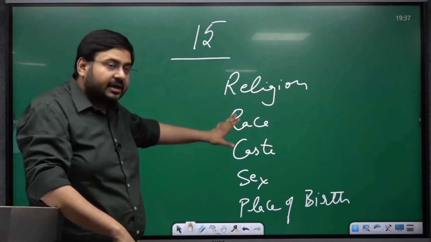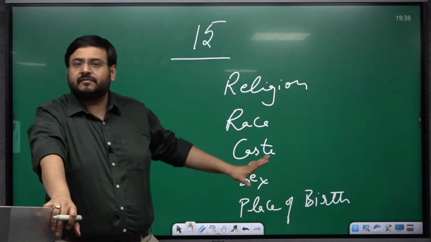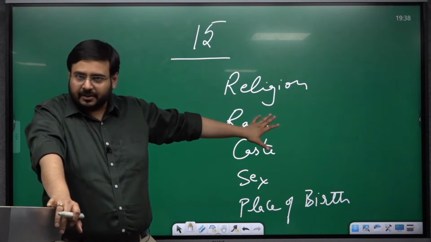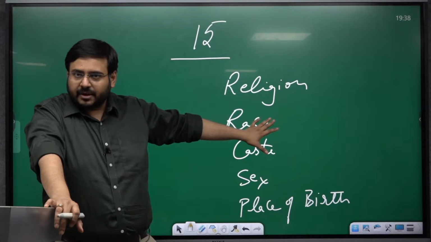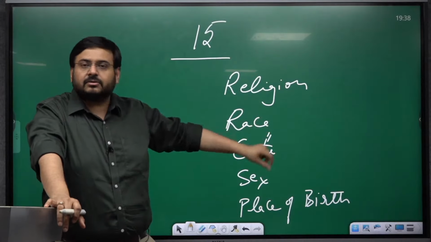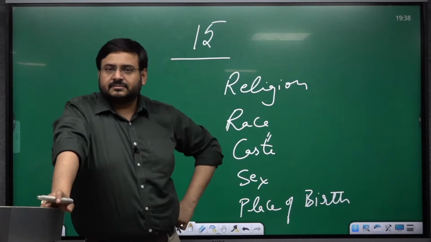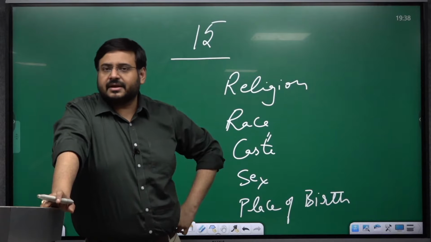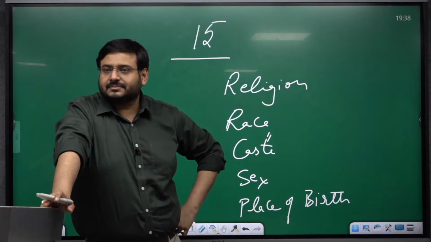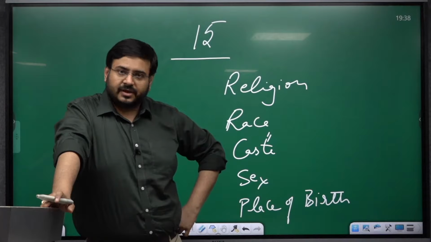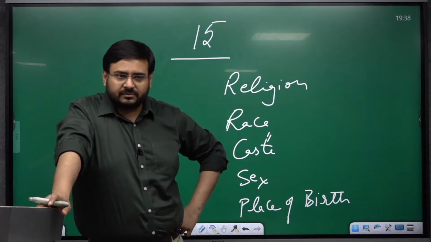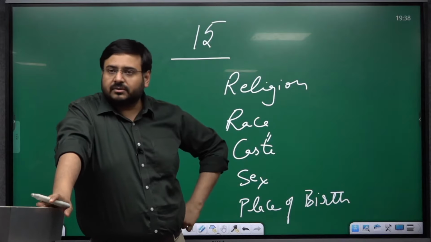Because only these are the grounds on the basis of which the state shall not discriminate. It means, can the state discriminate on the grounds of class? State can discriminate on the grounds of class. Language, yes, it is allowed. Because only these grounds are not allowed.